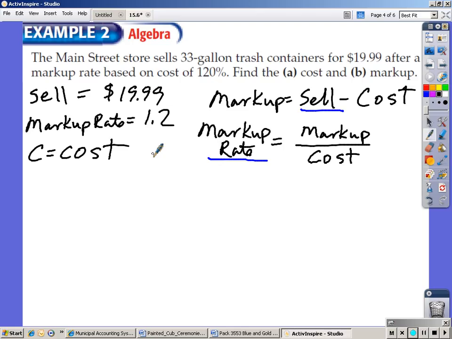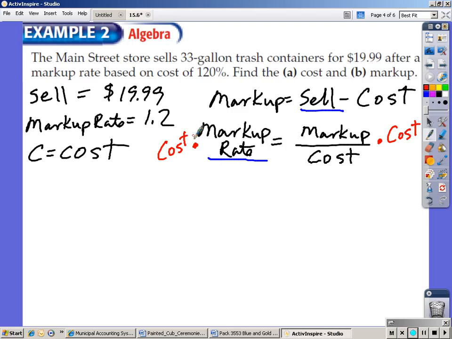The best way to do this is to take our formula from today: markup rate equals markup divided by cost. We're going to multiply both sides by cost.